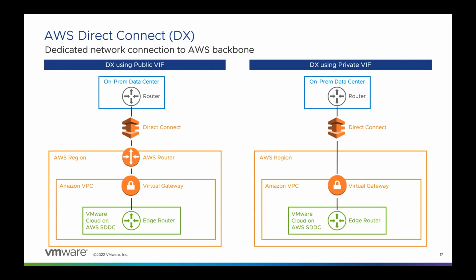The edge router will receive all of those public address spaces, and the edge router will also advertise all the networks in the SDDC. So there will be a lot of networks advertised if the customer decides to use public VIFs. Typically that's done if customers want to access public services, like S3, and not have it private, something that needs to be accessed over the internet and could just be open to everyone. That's typically when a public VIF is needed.